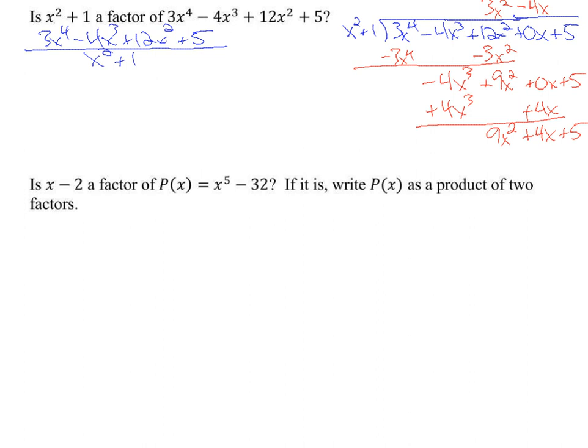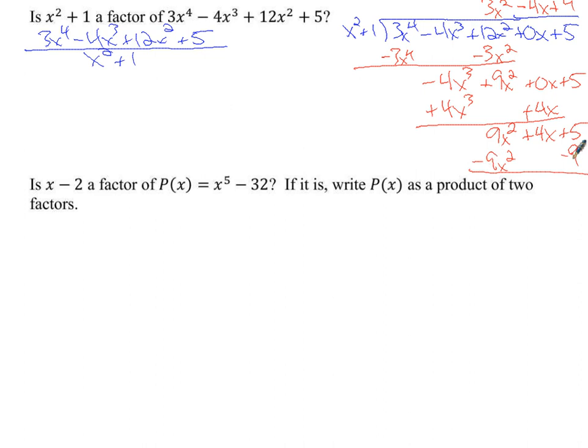Do it again. X squared times what gives me 9x squared? 9 only. So plus 9. Now 9 times x squared is 9x squared. 9 times 1 is 9. Change all my signs and add.